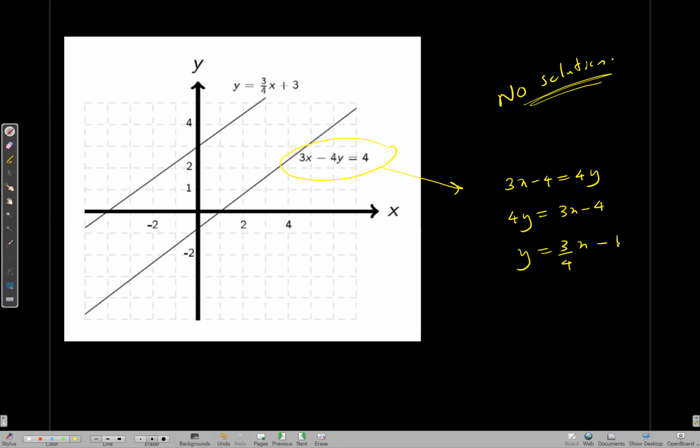Now carefully look at these two equations. See here the slope and see here the slope. Same slope, and that's why they are parallel, but two different y-intercepts. See here 3, here negative 1. It goes to 3 and goes to negative 1. So that's why they will never meet. So no solutions.